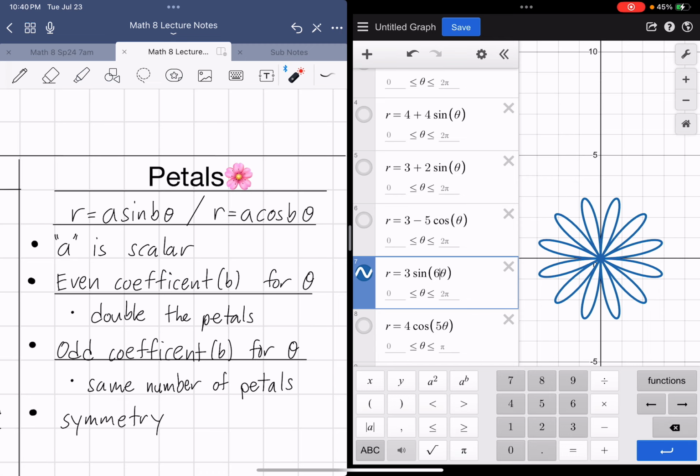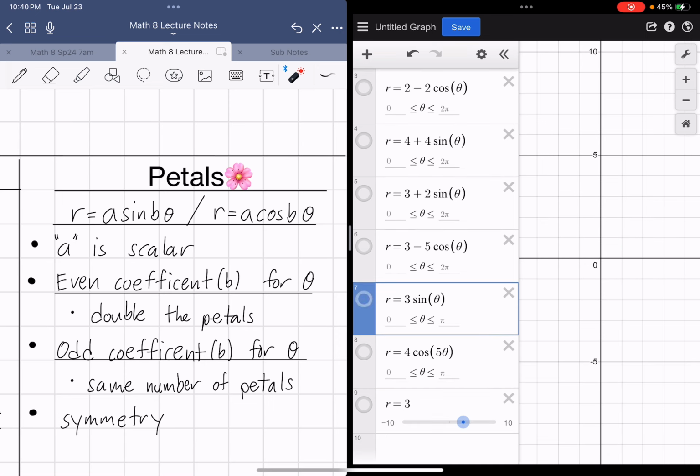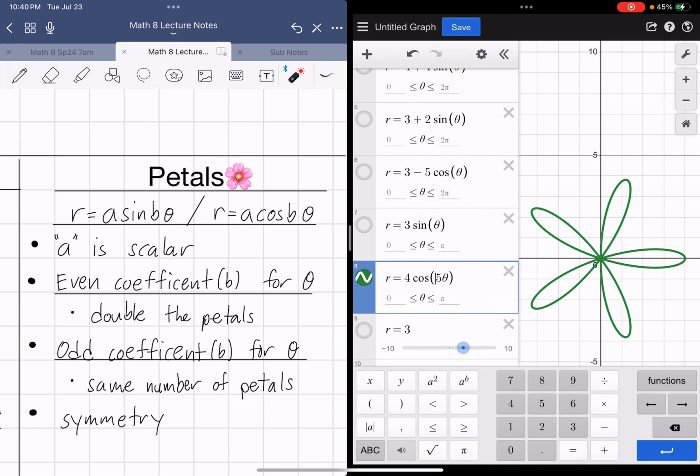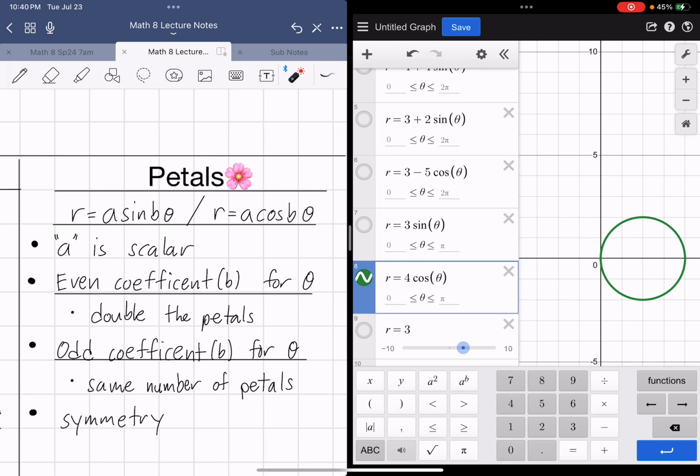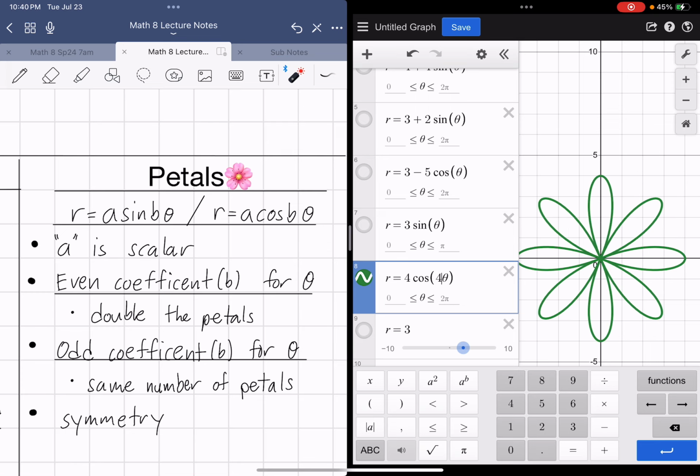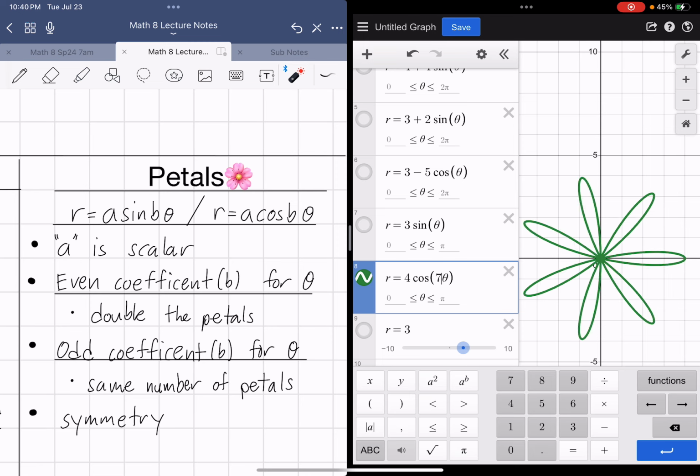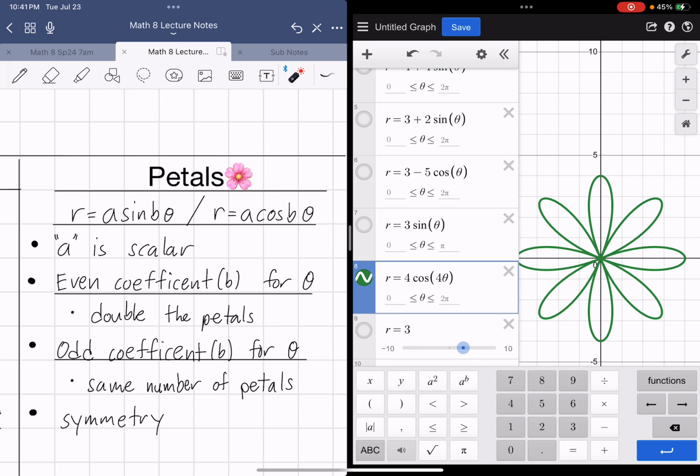Even number, double number of petals. So that's one thing. Again, I don't want to add too much information, but something you can always rely on is for cosine, there will always be some type of symmetry on the x-axis. For sine, there will always be some type of symmetry on the y. Sometimes, for when you have even number of petals, you have symmetry on both the x and y axis.